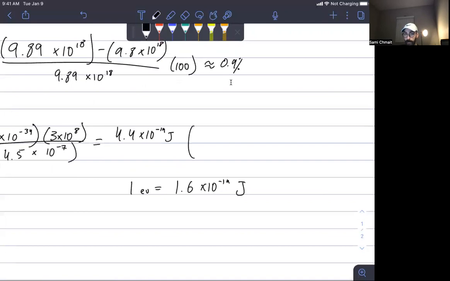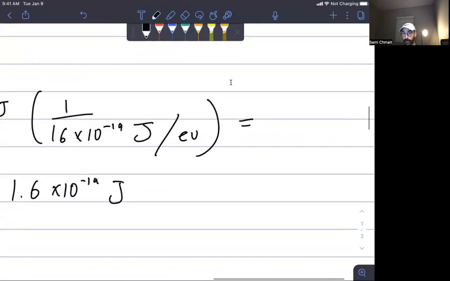So in this case, we'll just multiply by 1 over 1.6 times 10 to the minus 19 joules. Those will cancel out like that, and then you'll be able to work the whole thing out. Okay, and when you do that, that comes out to be equal to 2.8.